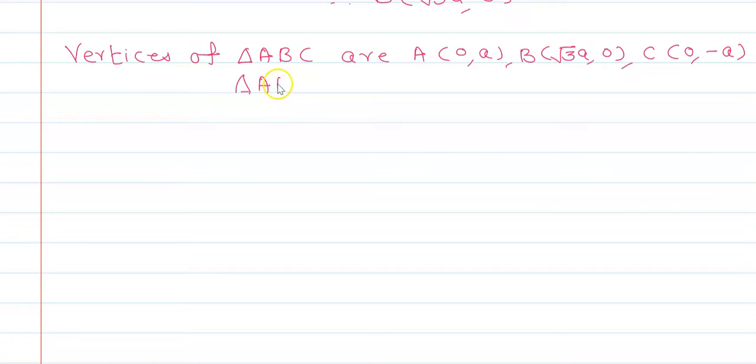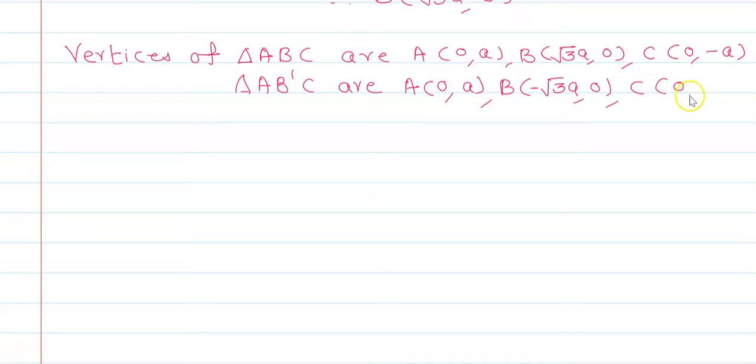And the triangle A B dash C: here A and C are the same, therefore A is (0, a), B dash is (minus root 3a, 0), and C is as it is.